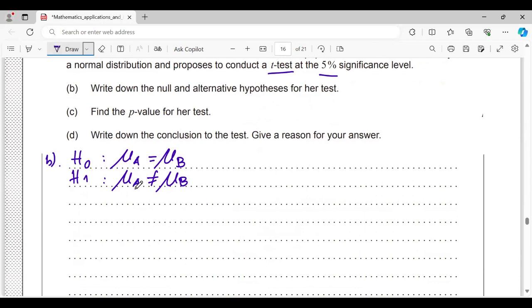Or class A is satisfied and class B is unsatisfied, or class B is satisfied and class A is unsatisfied.